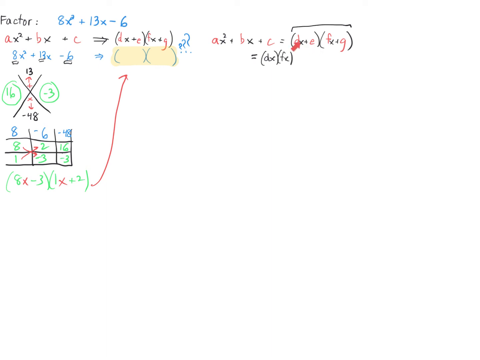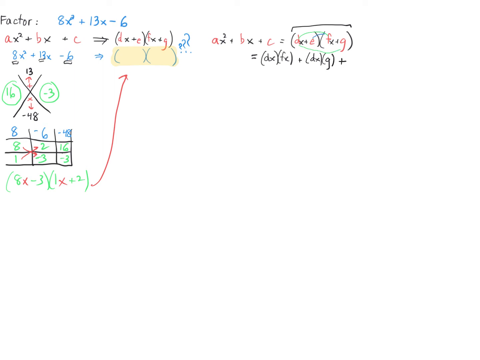All right, now let's do the first term times the last term, or the outside products. Dx times g. And you don't need to use parentheses the way I am. There's more than one way to write these expressions. All right, so now we've effectively distributed the first term times everybody in this. And now we have to do it with the e.